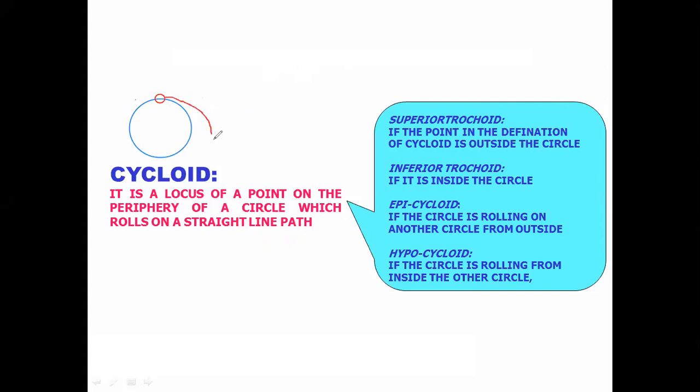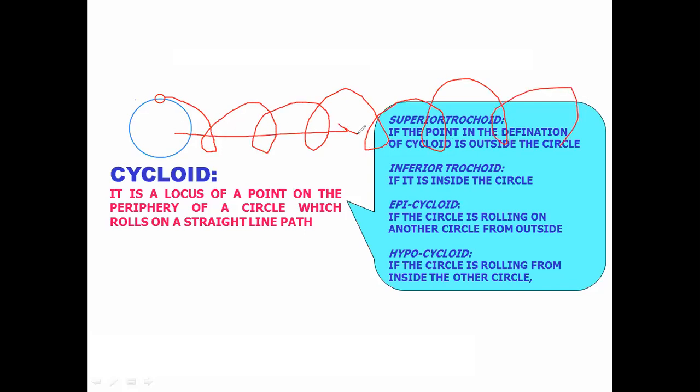It will be something like this. It will keep on going like this, because it will travel in this direction as well as it will travel along its axis. The center point is already traveling, so its path will keep on going. This won't be the exact representation, but I am just giving you a brief idea of how it can travel.